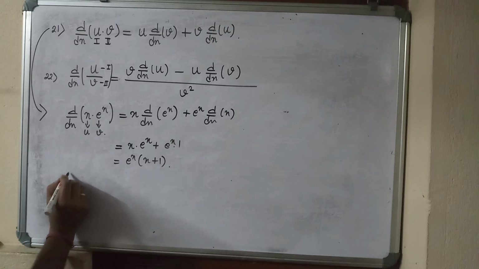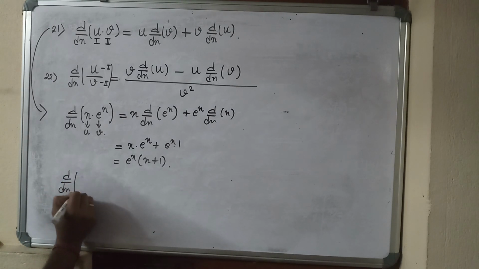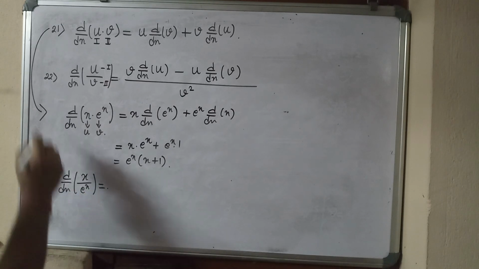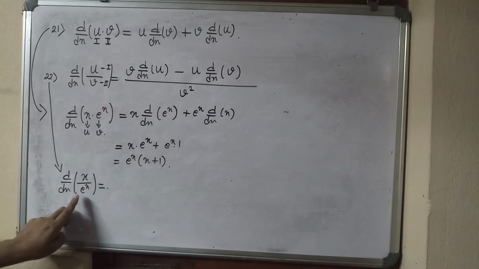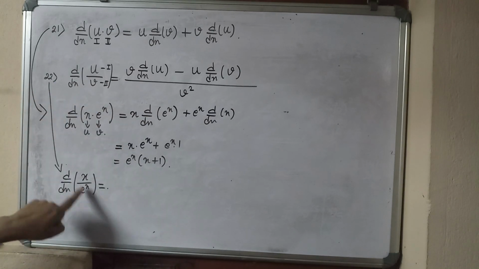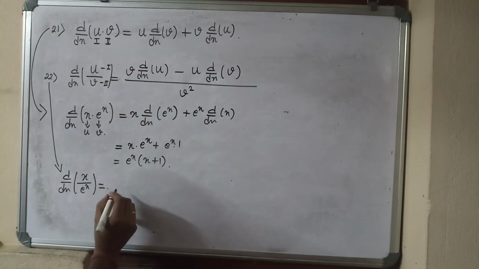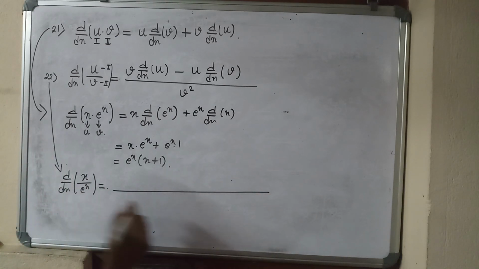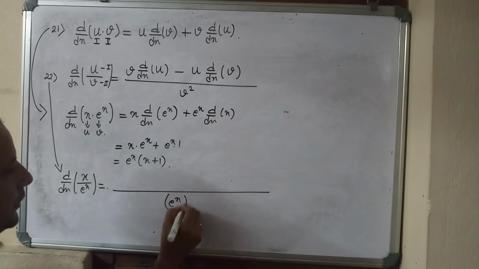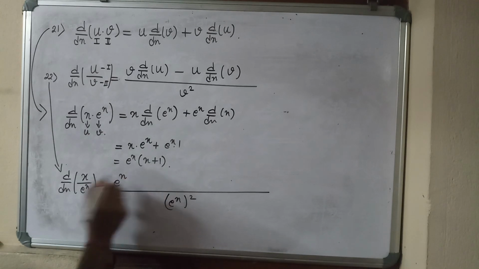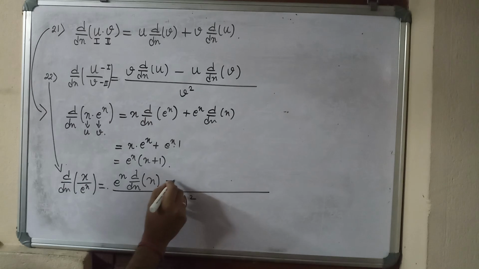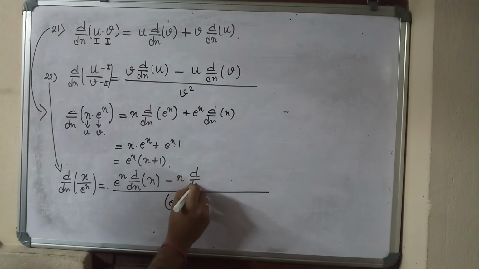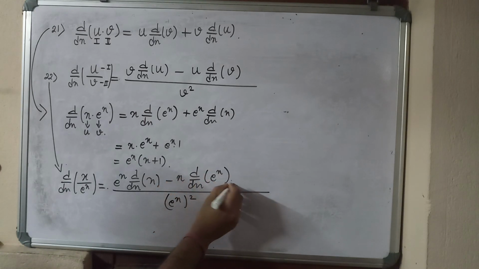We can apply the same thing this way also. Suppose it is x over e to the power x, which formula is it? The formula number 22 that you have to apply. U upon v: v in this case is e to the power x, u is x. I'll apply this formula: v dy dx of u minus u dy dx of v over v square.